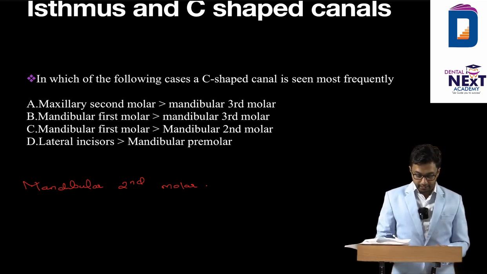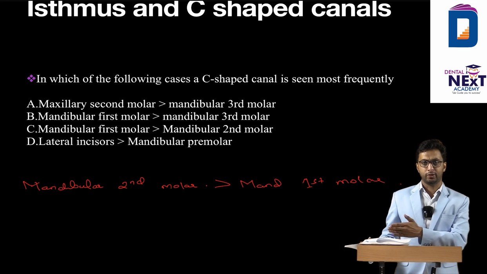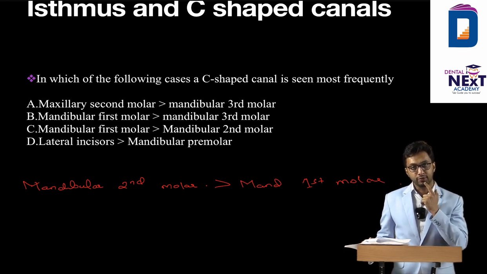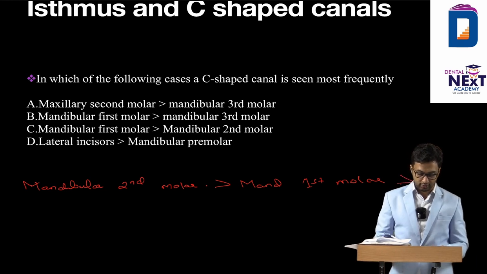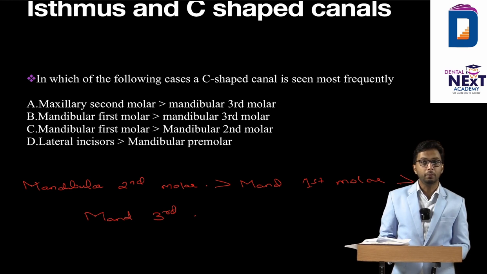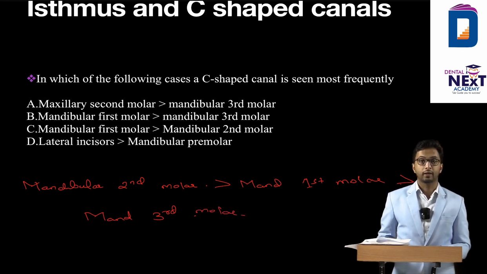This is followed by the mandibular first molar. So it's not the exact order you might expect: it is second, that too mandibular second, then mandibular first, then the mandibular third molar. After this comes the maxillary. Maxillary again second molar.